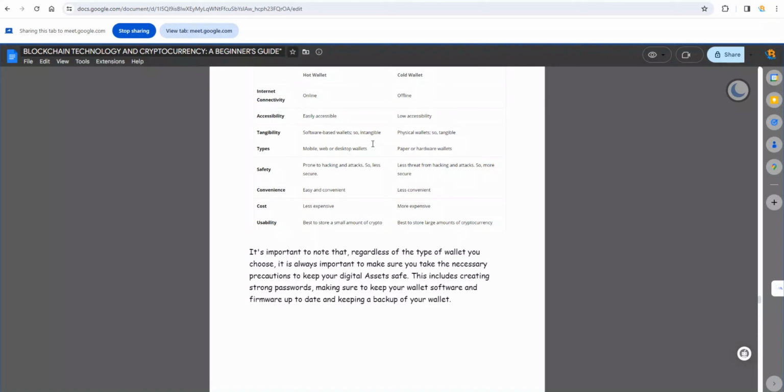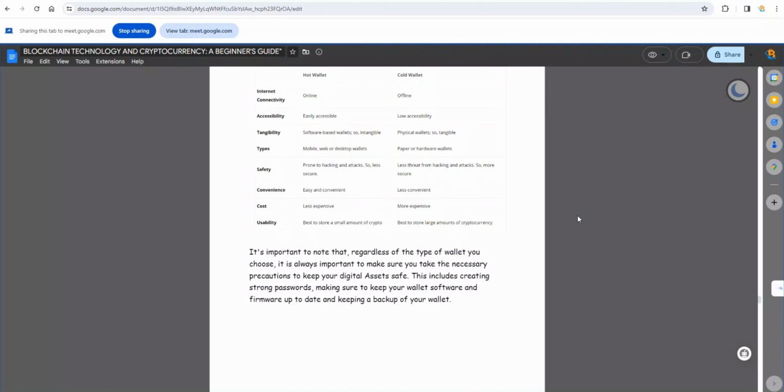Hot wallets are software-based and cold wallets are physical and tangible. Hot wallets are mobile, web-based, or desktop wallets, as compared to cold wallets, which are paper or hardware wallets. Hot wallets are prone to hacking and attacks, so they are less secure, as compared to cold wallets, which face less threat from hacking and attacks, so they are more secure.